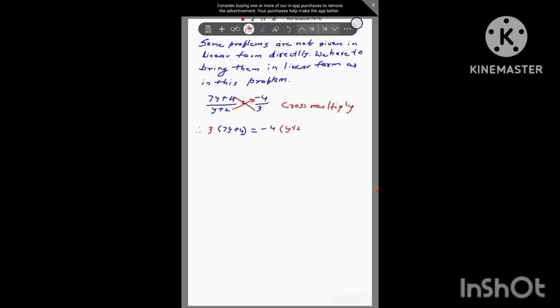So this brings it into a linear form. Now see, now solve it, that is 21y + 12 equal to... Okay, now bring the unknowns, or y, on one side, that is the left hand side, and constants on the other side. You have to always change the sign the moment you change their position across the equal to sign.